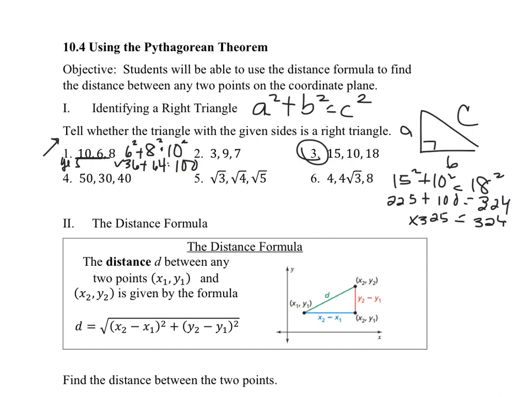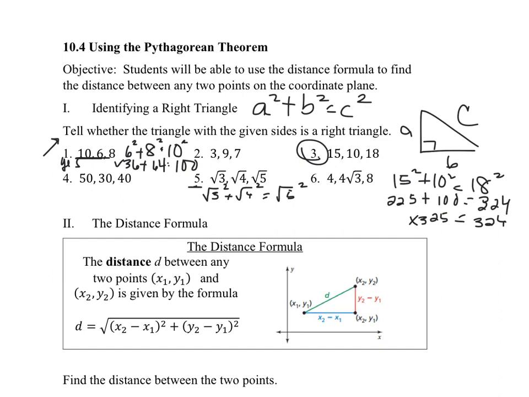Another one you want to look at is one like number 5, when you have the roots. So you have the square root of 3, the square root of 4, and the square root of 5. The square root of 5 is the greatest value, so that has to be your hypotenuse. So you're going to look: is root 3 plus root 4 equal to root 5, the square of these. The square of a root gives me itself.